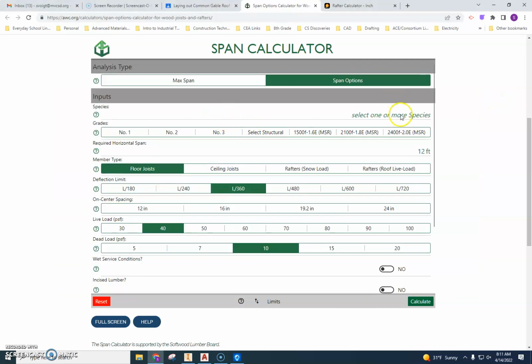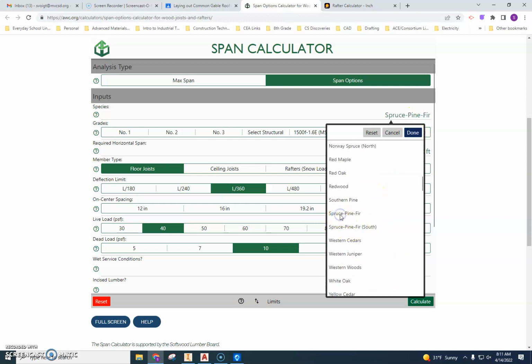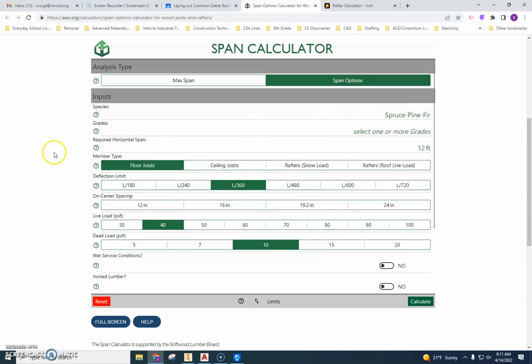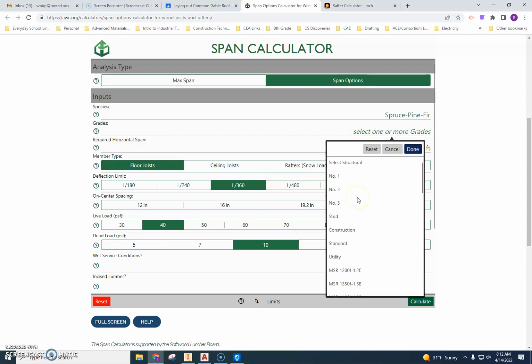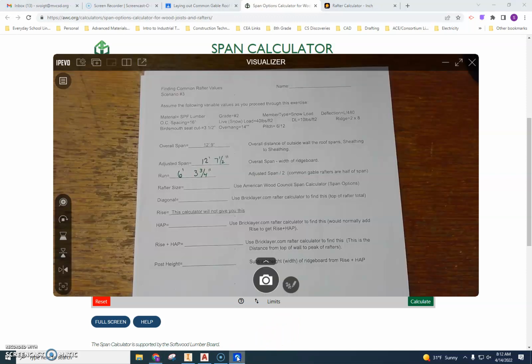Just scroll down to SPF right there and say done. Grade is number 2. We're usually going to have either select structural, which is a little bit better, or number 2. Our required horizontal span is what we figured out right here.